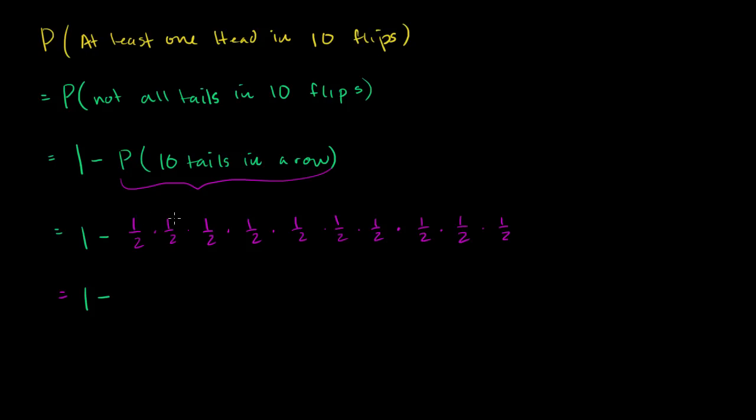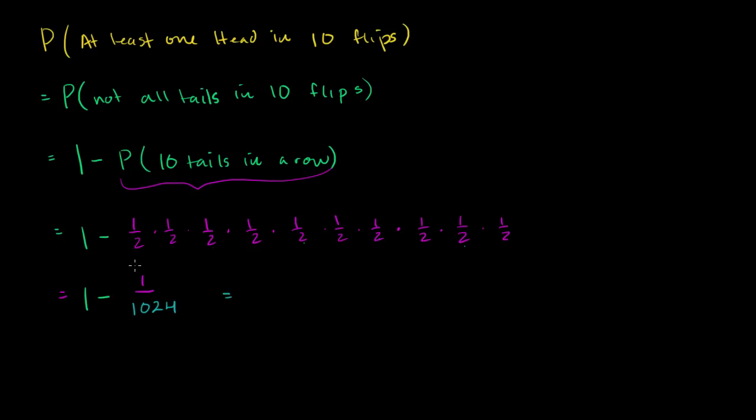Our numerator, you just have 1 times itself 10 times. So that's 1. And then on the denominator, you have 2 times 2 is 4. 4 times 2 is 8. 16, 32, 64, 128, 256, 512, 1024. Over 1024.